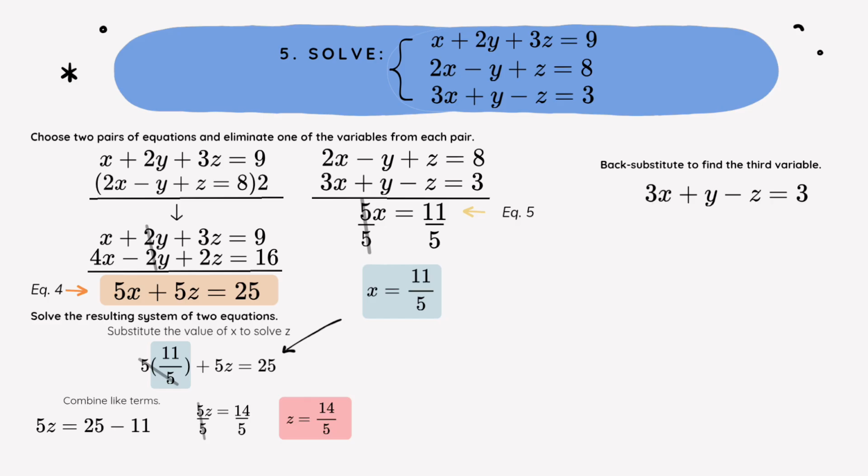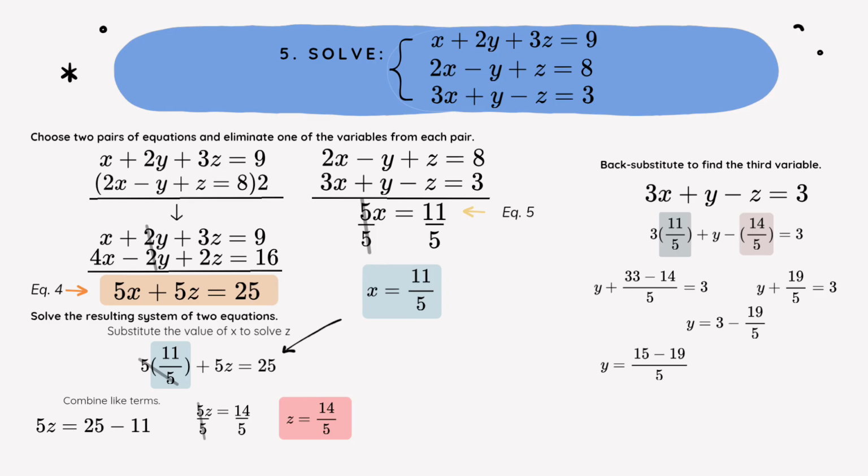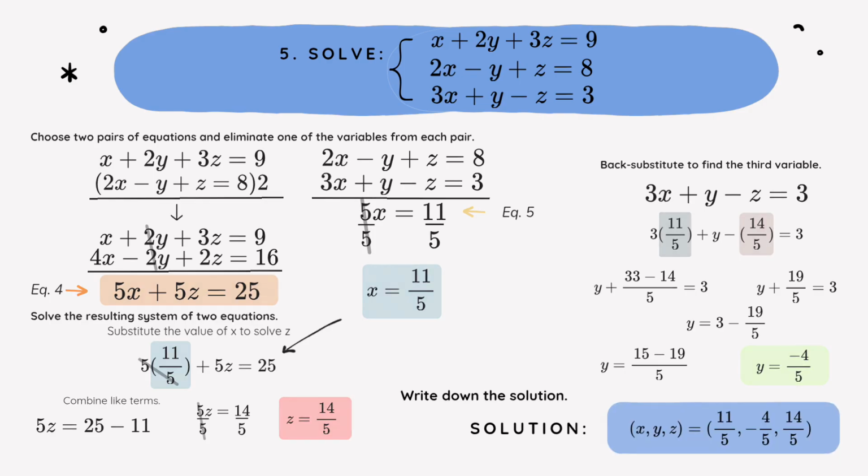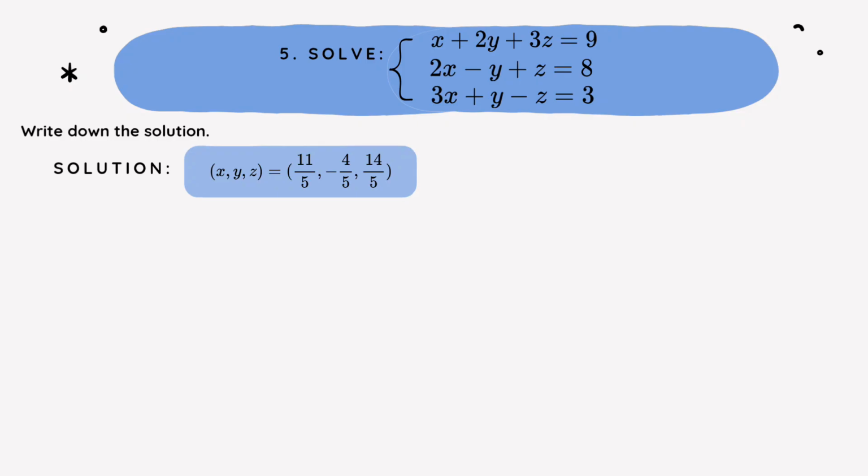And then substitute back the solved values of x and z to any of our original equations. So, substituting them to our third equation, we will get our third variable which is y is equal to negative 4 over 5. Then we can now write down our solution. x, y, z is equal to 11 over 5, negative 4 over 5, and 14 over 5.